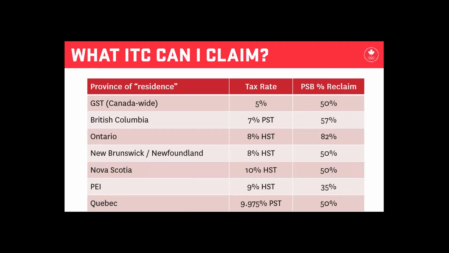Then listed below that are all of the provinces and the percentage of the tax that you can claim for the provincial portion of the HST. For example, in Nova Scotia, you can claim 50% of the 10% provincial component of HST in addition to the 50% of the 5% GST.